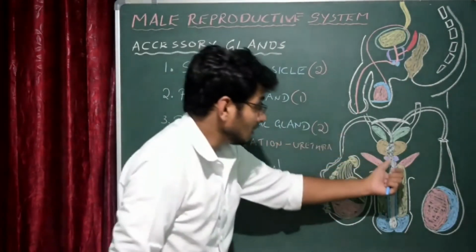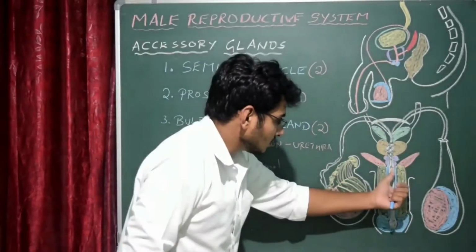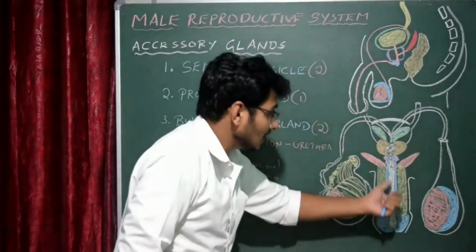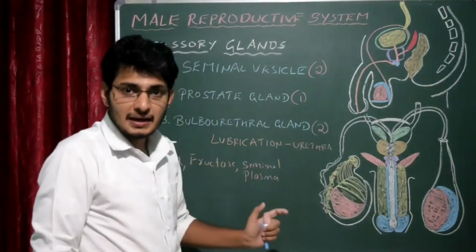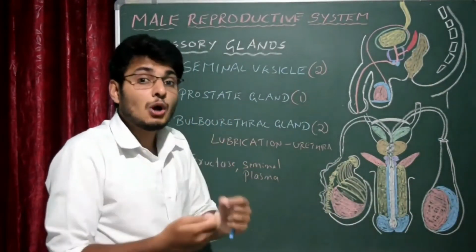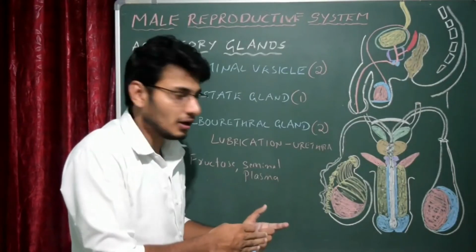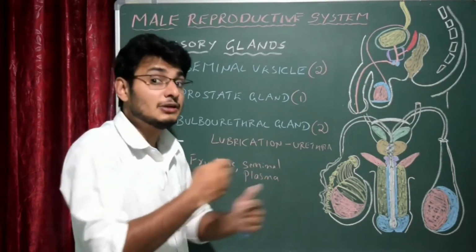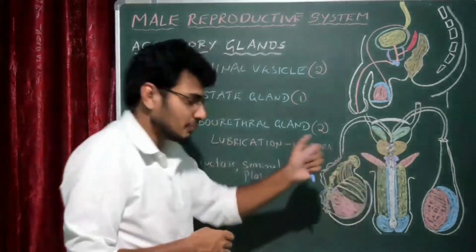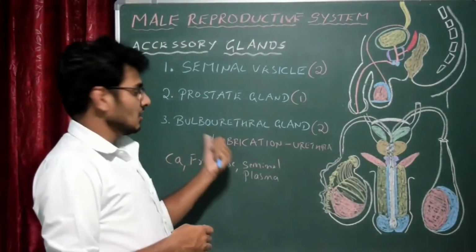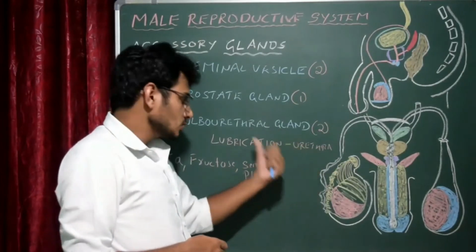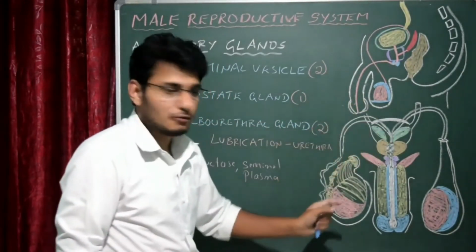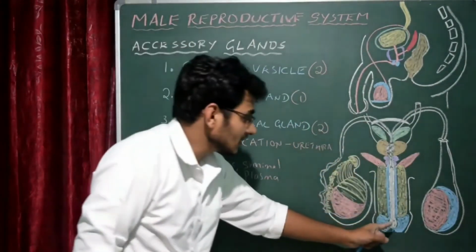Okay, first it will be secreted, and first it runs till the urethral meatus, the end point, and ultimately it will lubricate, and also it will dissolve any urine if present, making sure that the sperms will not get mixed with the urine if any urine is there within the pipe system. That is the function of the bulbourethral gland, lubrication of the urethra, and also it makes easy passage for the sperm movement within the urethra till the urethral meatus.